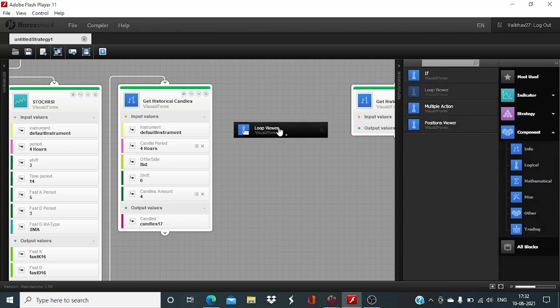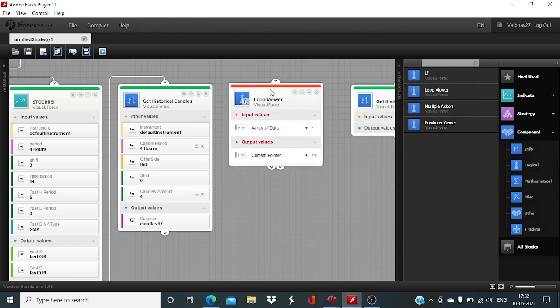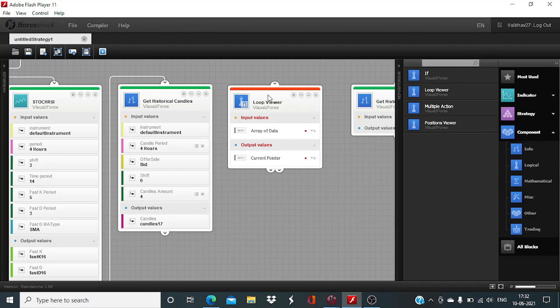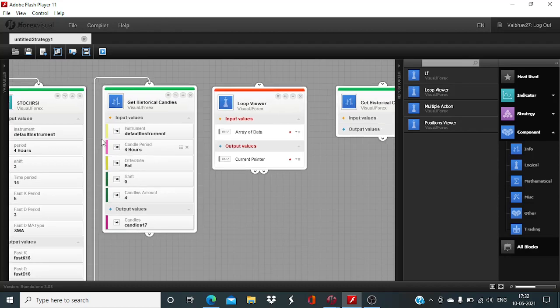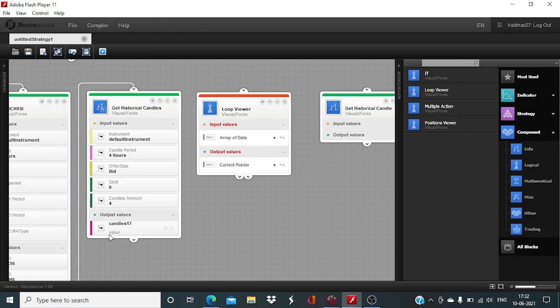Logical blocks to retrieve the individual characteristics, individual variables on this cluster of 4 hourly candles. We will use this array of data.